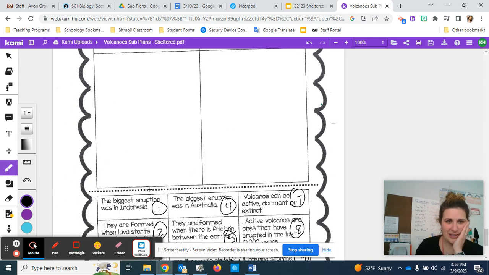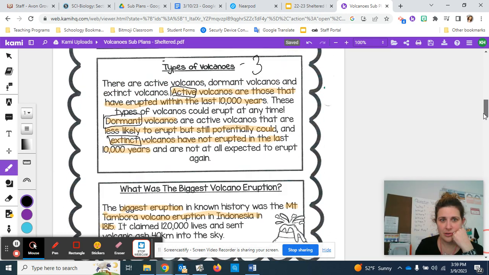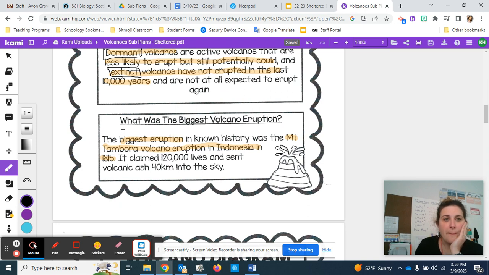Leer. The biggest eruption was in Indonesia. True or false? ¿Verdadero o falso? Busca para la frase. The biggest eruption. ¿Dónde está la información? The biggest eruption in known history was the Mount Tambora volcano eruption in Indonesia.